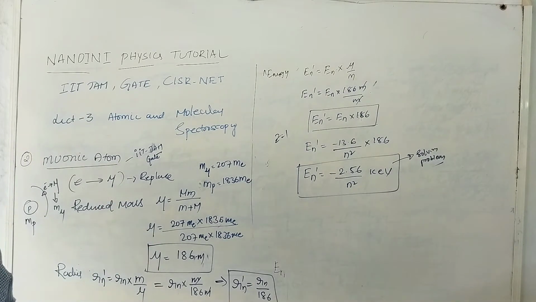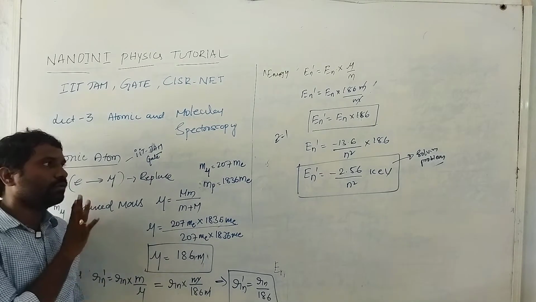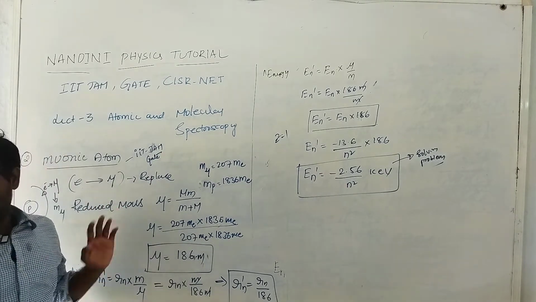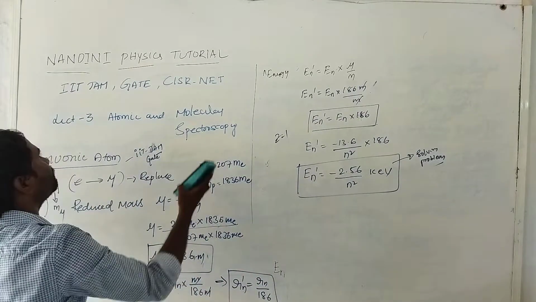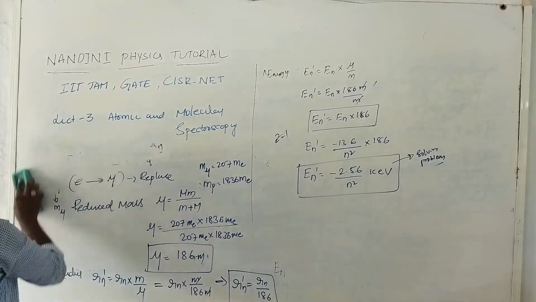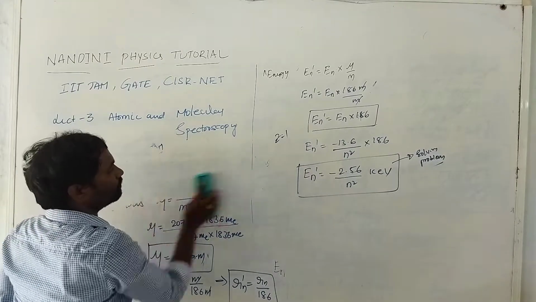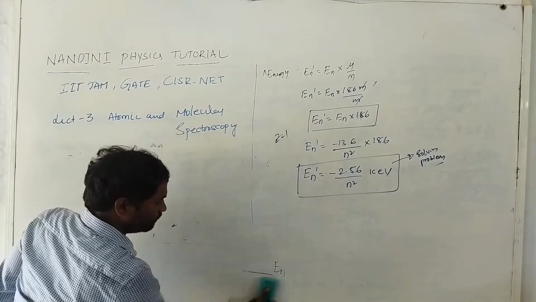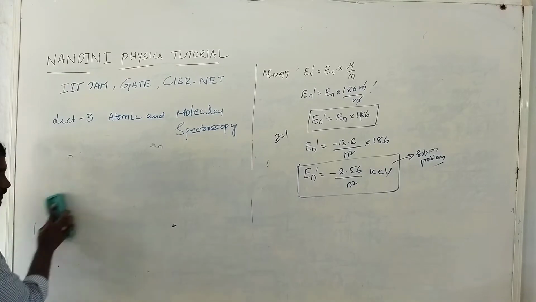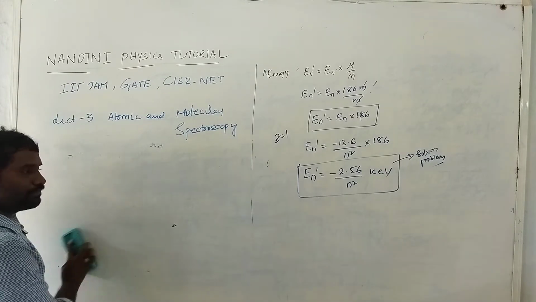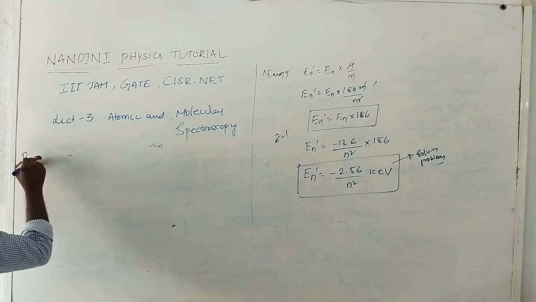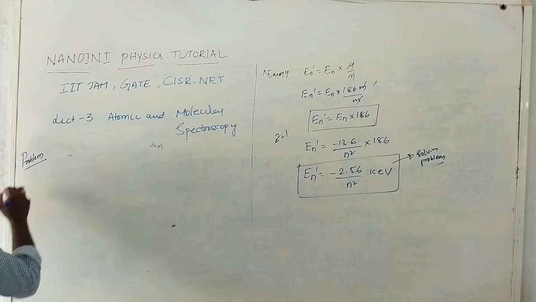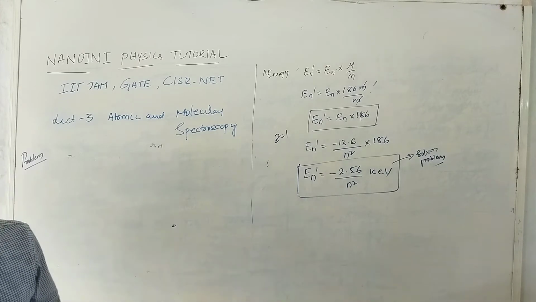So now we will discuss one problem based on this concept. Okay, so I will write the problem here. One problem, and after completing the problem the session will be closed.